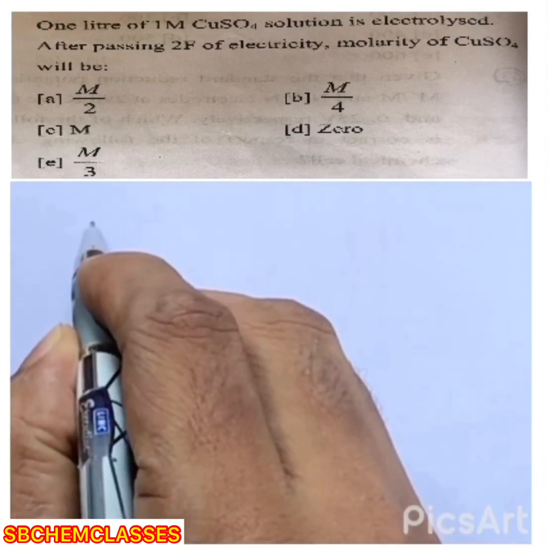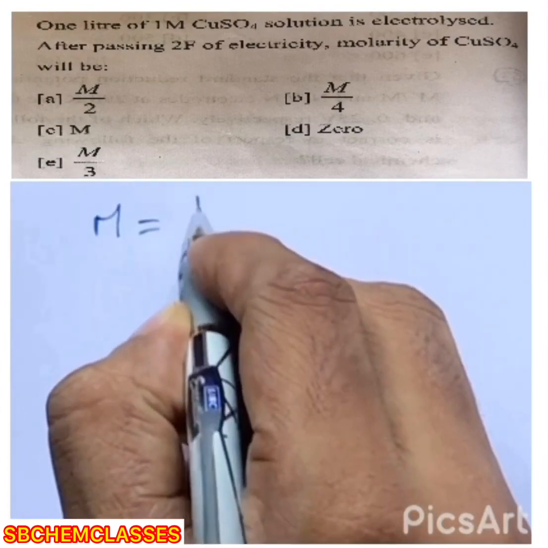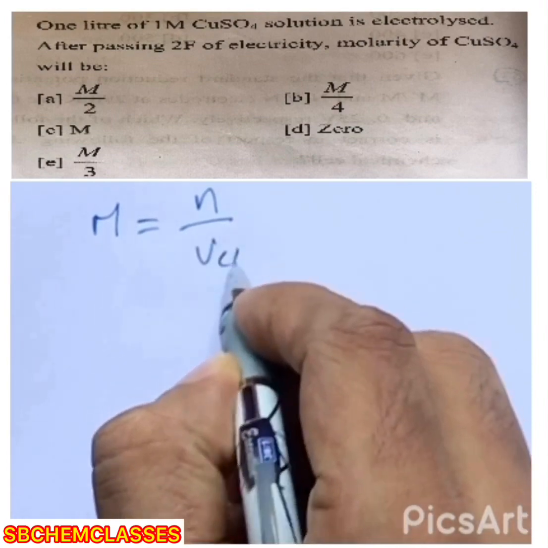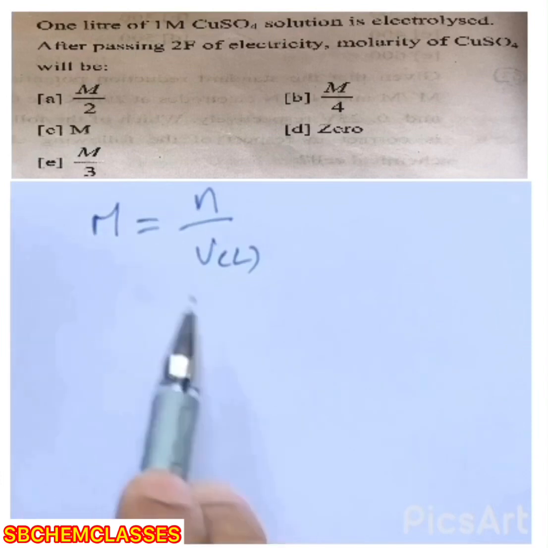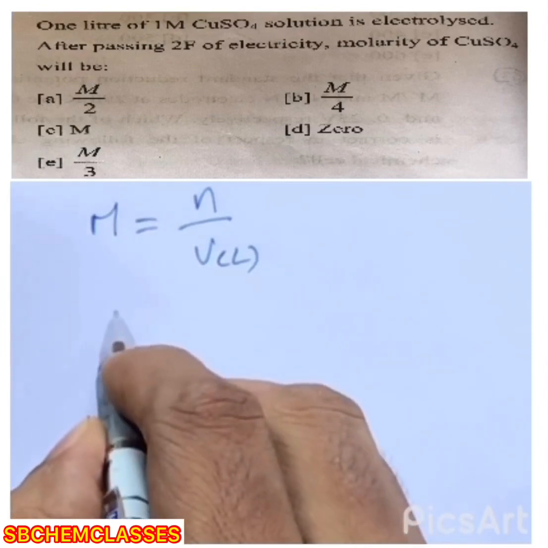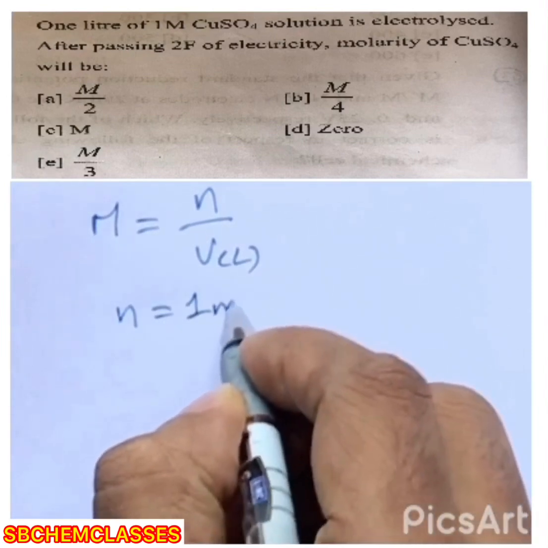1 liter of 1 molar CuSO4 solution is electrolyzed after passing 2 Faraday electricity. Find the molarity of CuSO4. We know molarity is number of moles by volume in liter. In this question, molarity is 1 and volume is 1, so number of mole equals 1 mole.